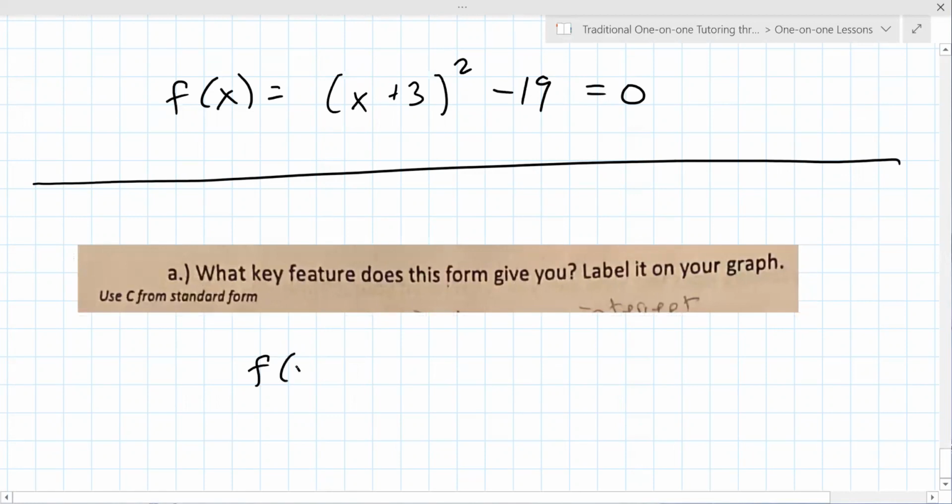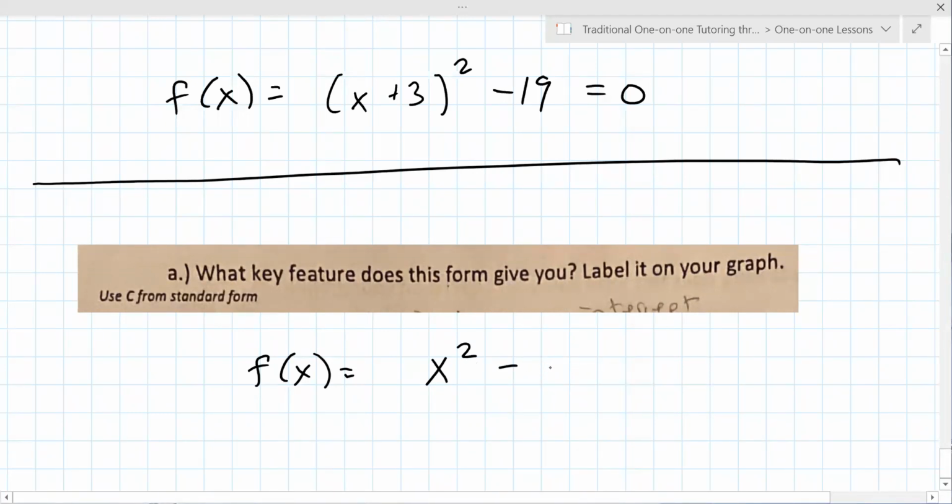Let's say f of x equals x squared minus 9x minus 22. Nope, that's a bad one. Sorry, I'm trying to make this too complicated.